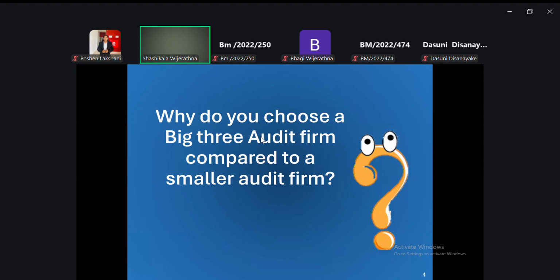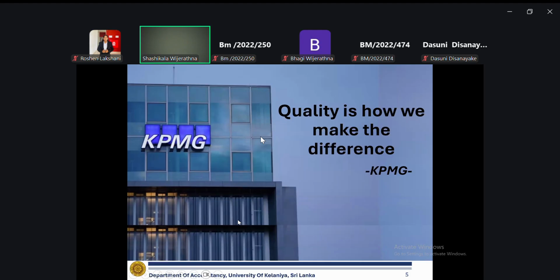So simply, that is again the audit quality. I have taken this from KPMG. As per them, quality is how they make the difference, how they keep their name among the other audit firms within the industry.